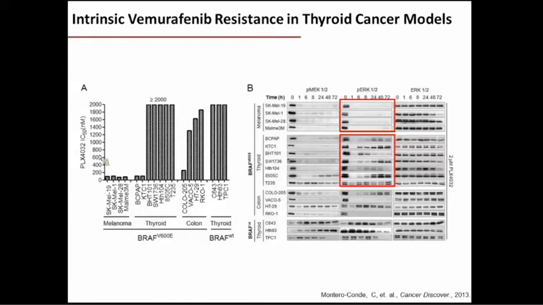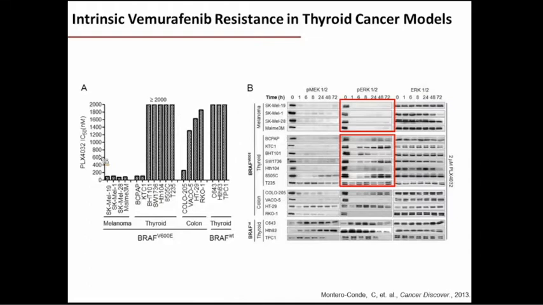And you can see that when you treat them, they have a sustained inhibition of the pathway. By contrast, if you look at thyroid cancer cell lines, they have transient inhibition of the pathway, about 1 hour. By 6 hours, they rebound, so they come right back. So they essentially have an adaptation to the effect of blocking this pathway with vemurafenib.